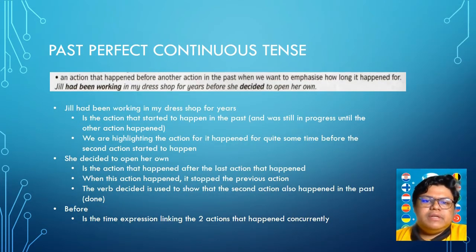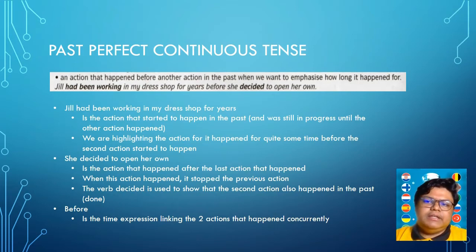Okay, so aside from the first usage, we also use past perfect continuous tense to write about an action that happened before another action in the past when we want to emphasize how long it happened for. Okay, so maksudnya kat sini, kalau tadi yang first usage tu, dua action berlaku serentak, tapi first action jalan dulu, dekat tengah-tengah second action berlaku.